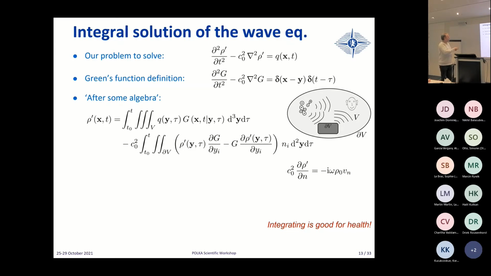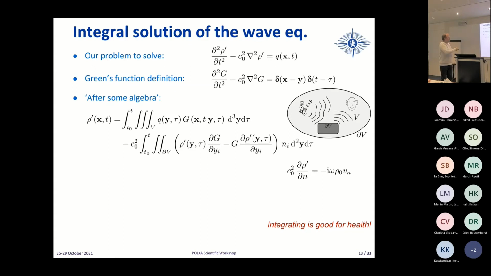Now, the thing that matters here is to realize that the boundary of the control volume in a general context is made of two surfaces. You have one surface that is surrounding your whole system, and that you might decide to bring to infinity. It's completely arbitrary how you define a control volume.